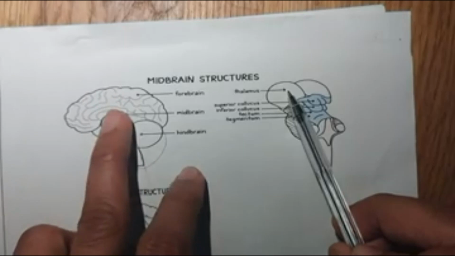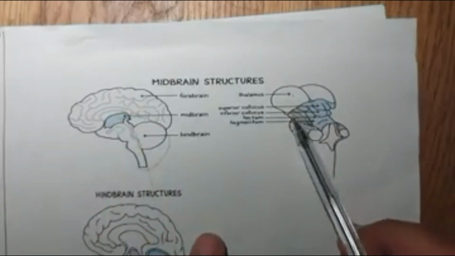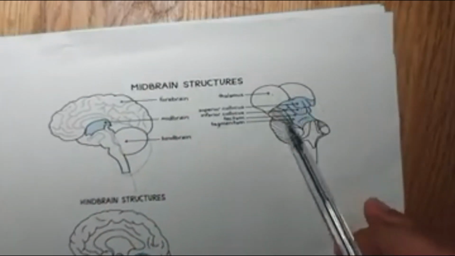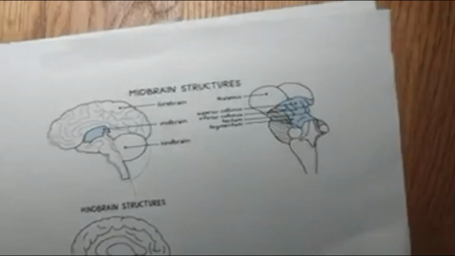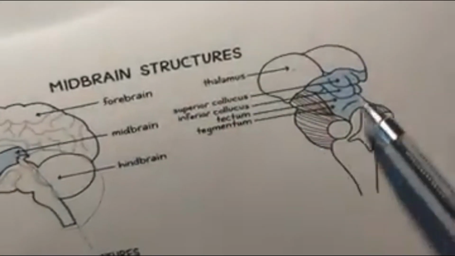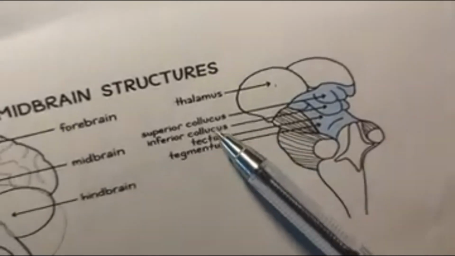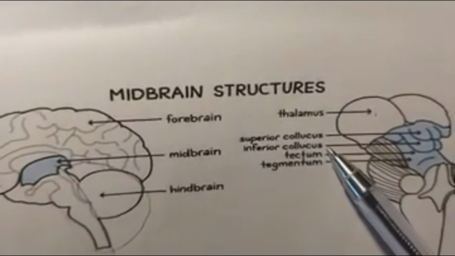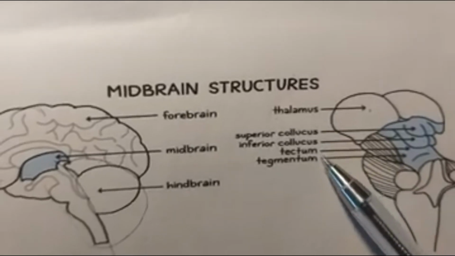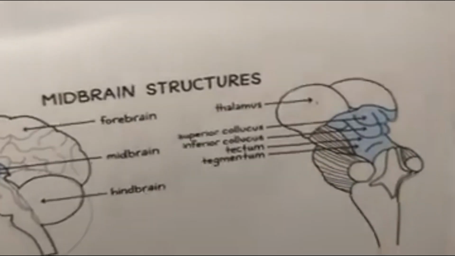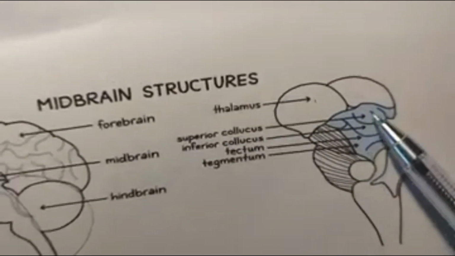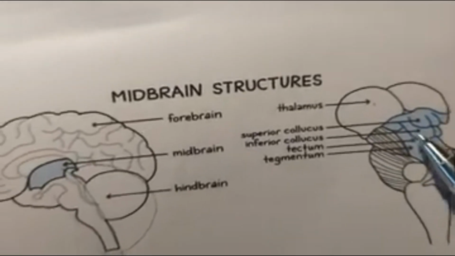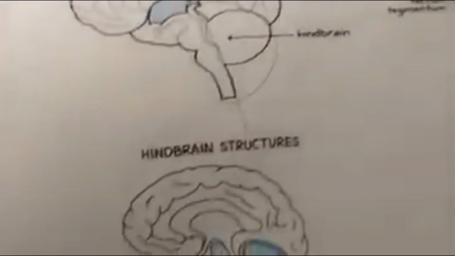Thalamus is a part of the forebrain. Underneath the thalamus starts the midbrain, okay. And again, you don't need to know the parts of this midbrain in detail, like superior colliculus, inferior colliculus, tectum and tegmentum. These are the parts of the midbrain, but you don't need to know them in detail for year 10. And there is a hindbrain.